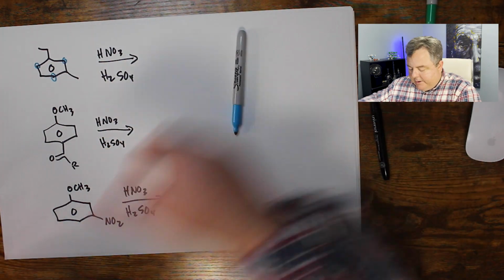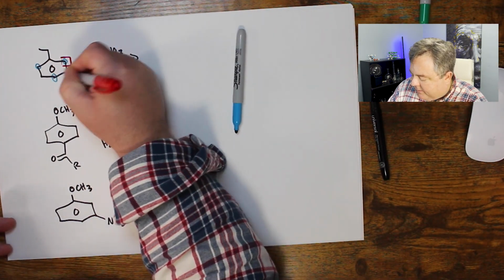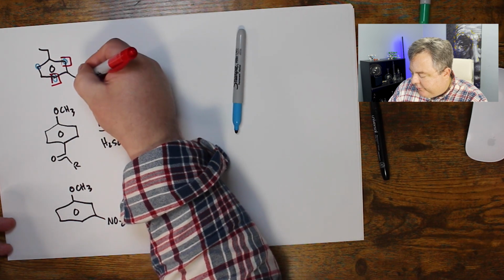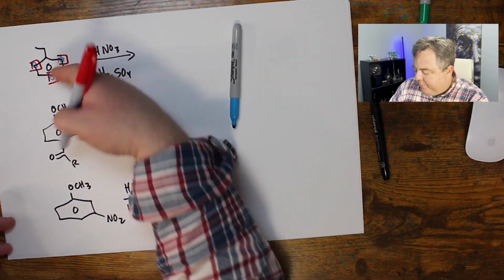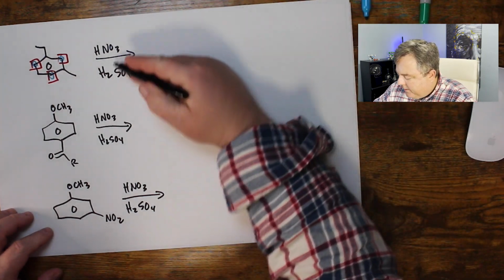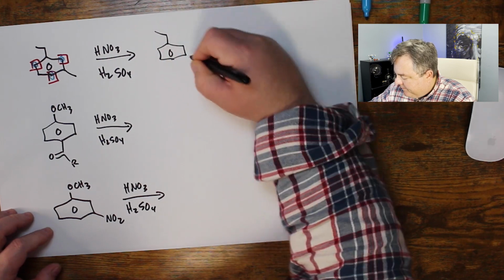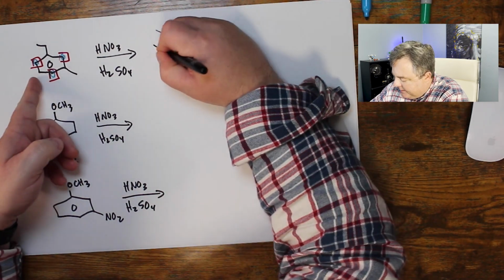So let's use red. So that locates this spot, or is ortho to it. This one's ortho to it, and this one's para to it. So they both point to the same 3 locations. I'm going to add my nitro group because I'm using nitric and sulfuric acid. So I'd expect nitro here.